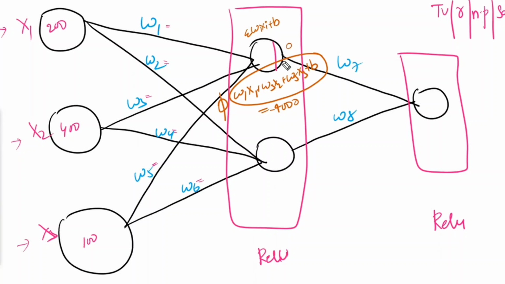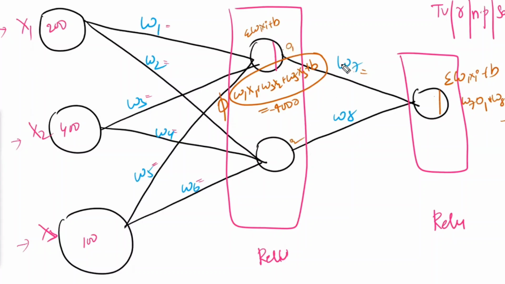Is that clear? Now, assume the output is 0. This output is going to be multiplied with this one. For this neuron, sigma wi xi plus b is nothing but W7 into the output of this neuron, let us take it as O1, plus W8 into O2, the output of the other neuron, plus b.